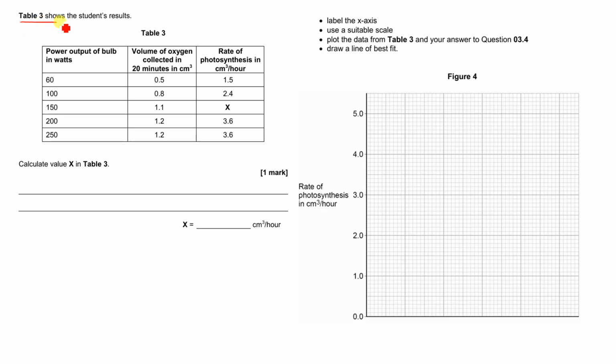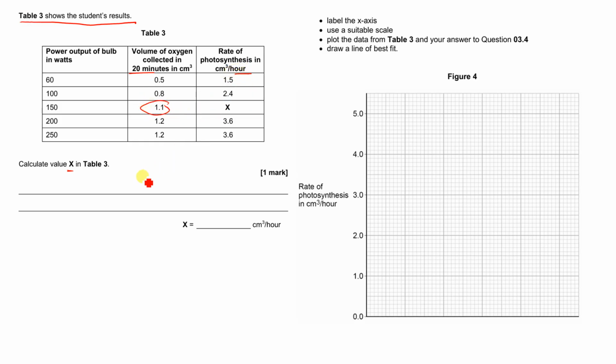Now, table 3 shows the student result. Power output of bulb, volume of oxygen collected in 20 minutes in cm cube, rate of photosynthesis. Now they say calculate the value of X in table 3. So if you look at this, this is 20 minutes and this is centimeter per hour. So for 20 minutes, you produce this.